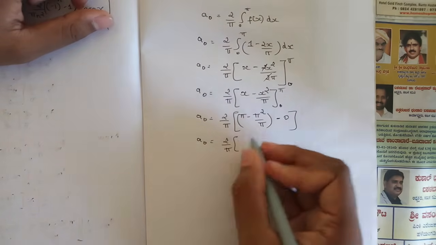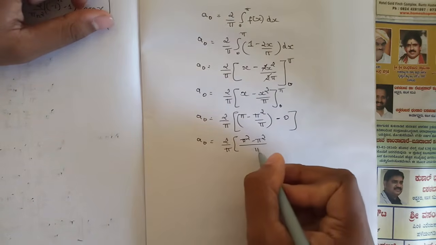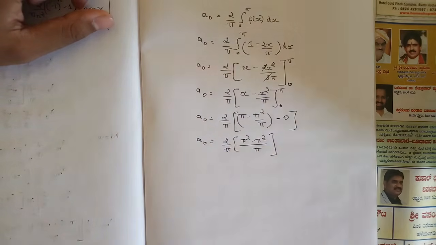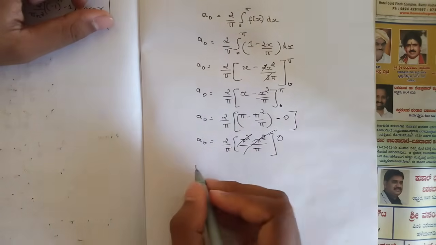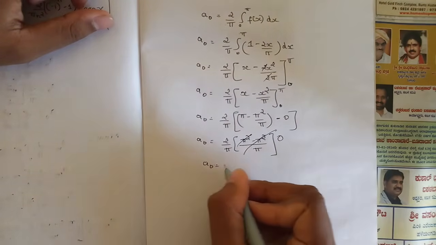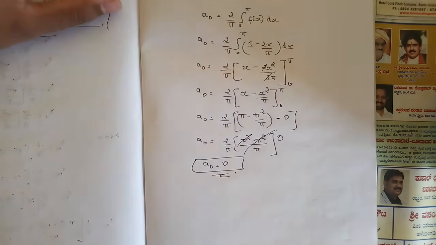Pi into pi is pi square, cross multiply. So this whole term becomes 0, so a naught is equal to 0. So we found a naught.